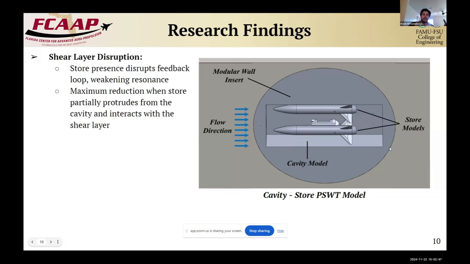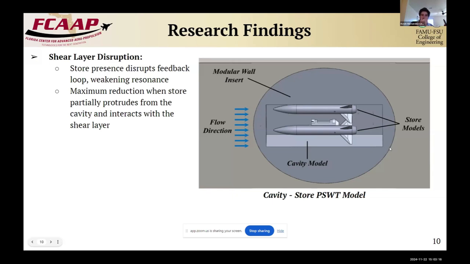Firstly, it was found that the location of the store highly influences the flow field of the internal cavity. And when we have the store blocking some of that cavity internal volume, it disrupts the feedback loops and weakens that resonance, making it potentially safer for these stores releasing.